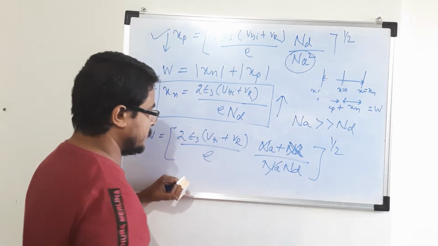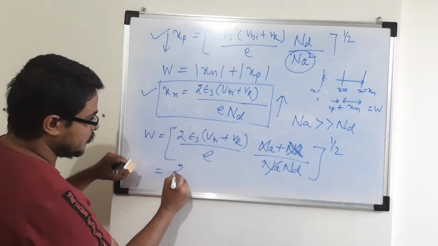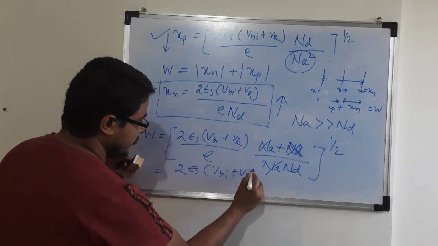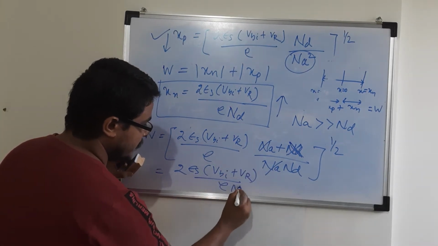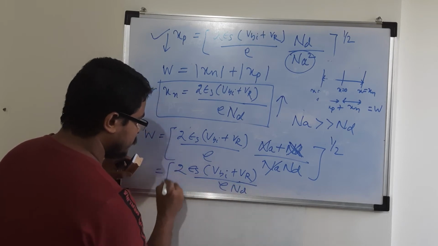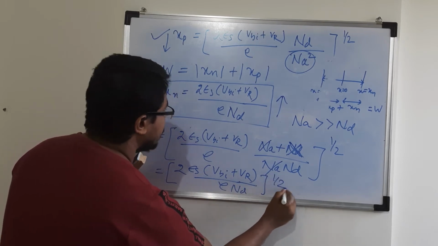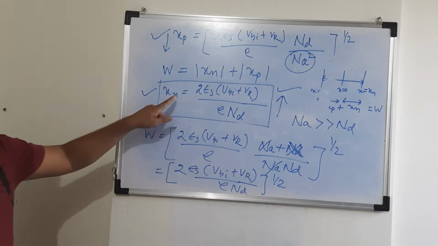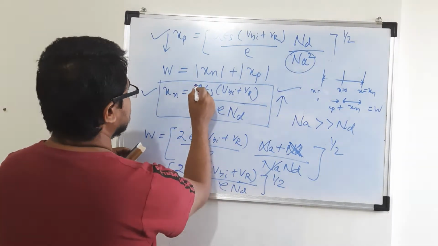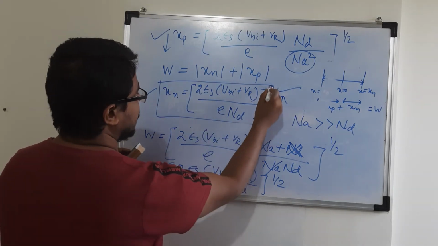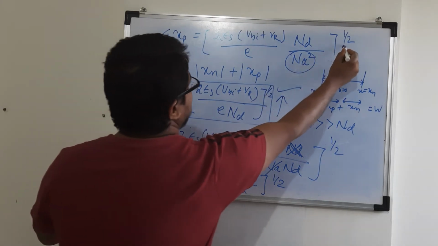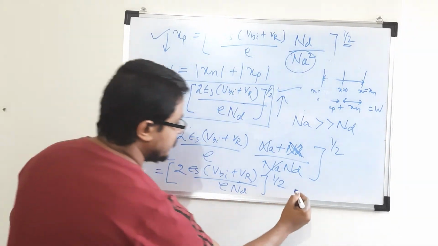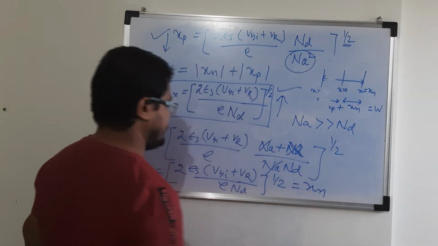So that gives us 2 epsilon s Vbi plus Vr divided by E Nd, this to the power 1 by 2, which is exactly your xn. So xn is equal to 2 epsilon s, sorry, there is a to the power 1 by 2 term here, I forgot 1 by 2 here. So you got W is nothing but actually your xn.